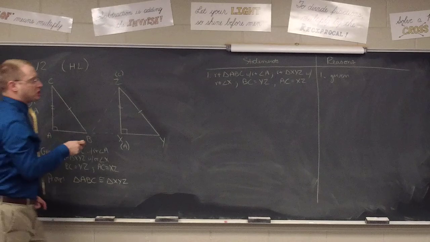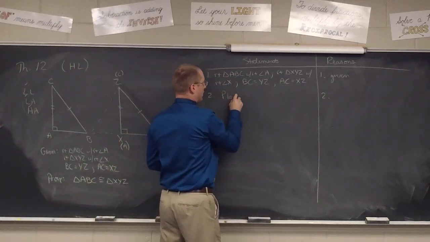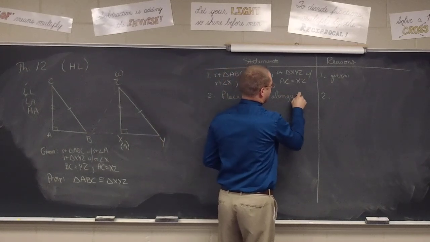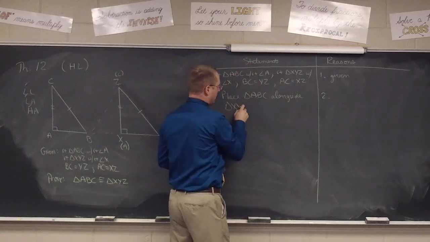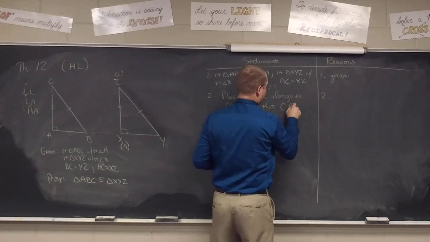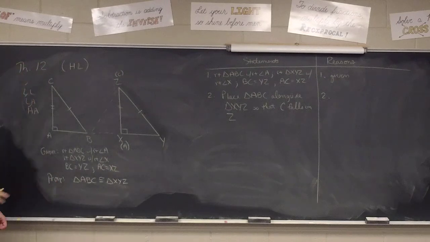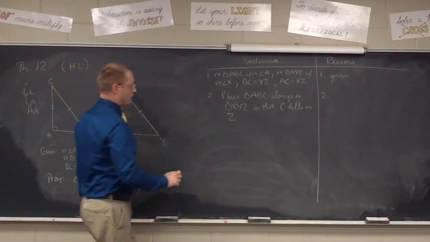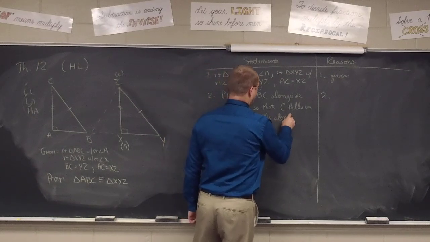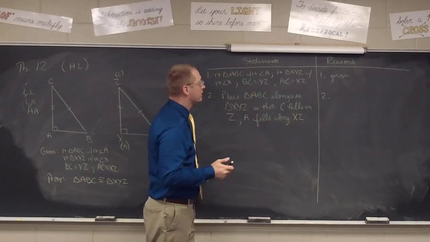So let's go and talk through, because again, the wording is the hard part on this. Place triangle ABC alongside triangle XYZ so that C falls on Z. Again, you can always line up 2 points with each other. A falls along XZ, because for now that's all we can specify.